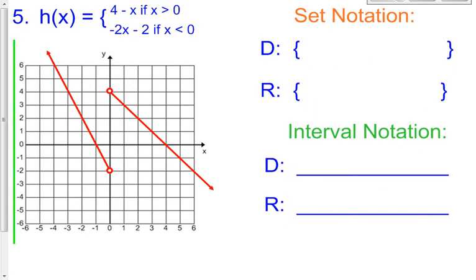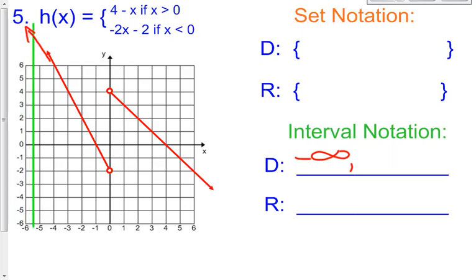Number 5. You see our graph. My green line here, is it going to cross the red as my red line goes up and to the left? Yes, it will. And that red line will continue going up and to the left, so negative infinity is where I'm going to start for my domain. How far to the right am I able to go before I have to stop?